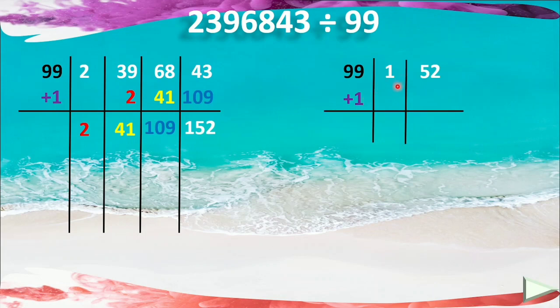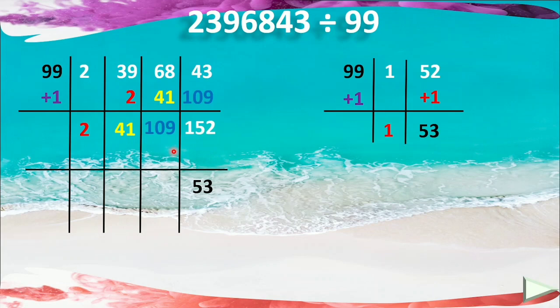Now write the first number as it is from the top. It's 1. Multiply 1 and 1, 1 ones are 1. Add 52 and 1. The result is 53. Now write 53 here. It will be the remainder.